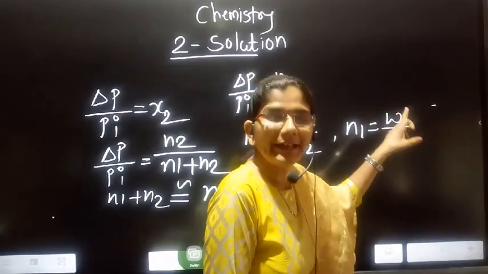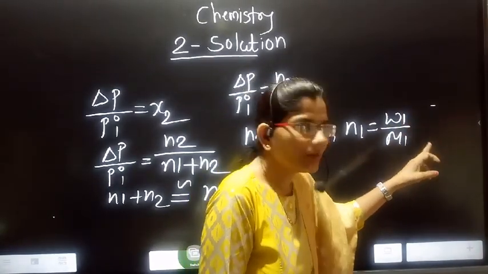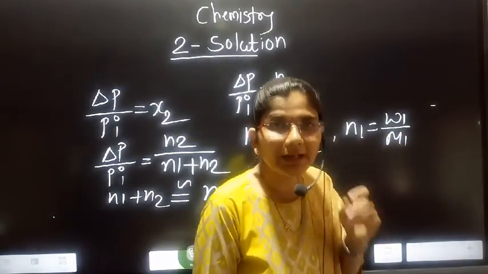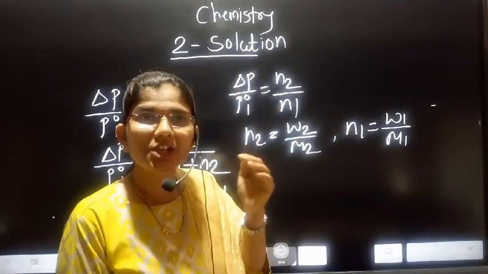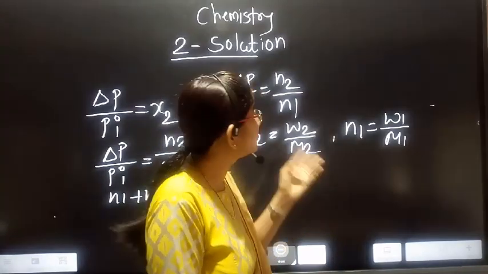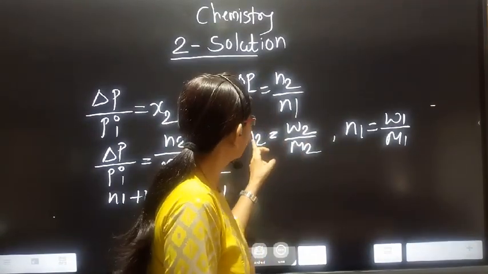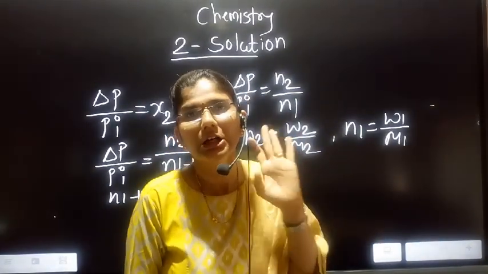W1 is the weight or mass of the solvent, and M1 is the molar mass of the solvent, because as we know the notation 1 is used for the solvent and 2 is used for the solute.